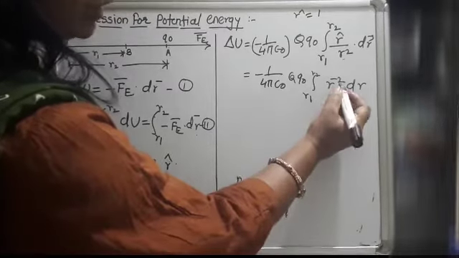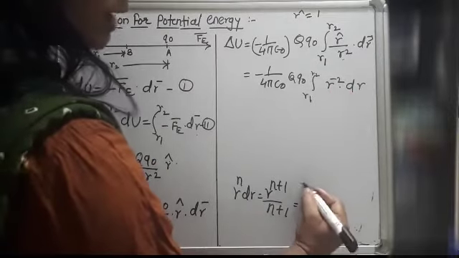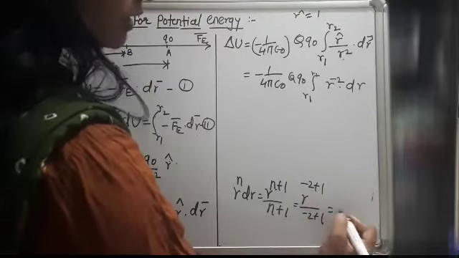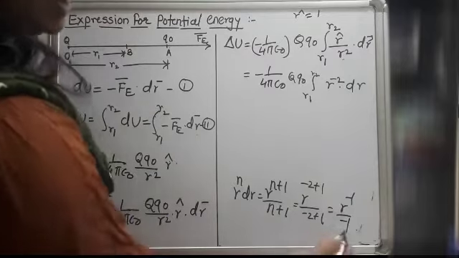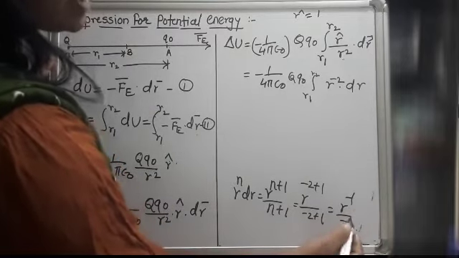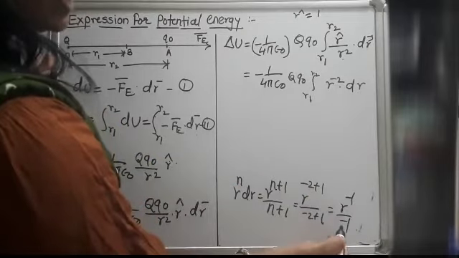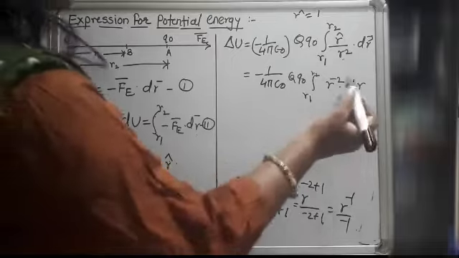Here n is minus 2, so we substitute: minus 2 plus 1 upon minus 2 plus 1, which gives r raised to minus 1 upon minus 1. This is the value of the integration of r raised to minus 2 into dr.